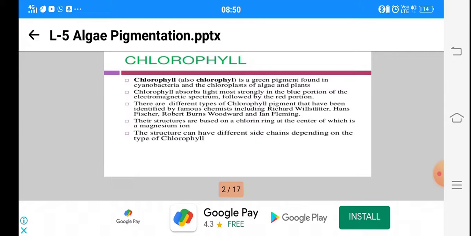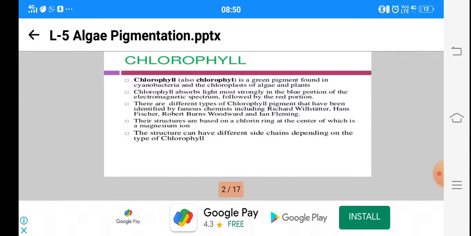In the electromagnetic spectrum we know VIBGYOR, that is violet, indigo, blue, green, yellow, orange and red. Red has the maximum light intensity, and blue is maximally absorbed by this chlorophyll.